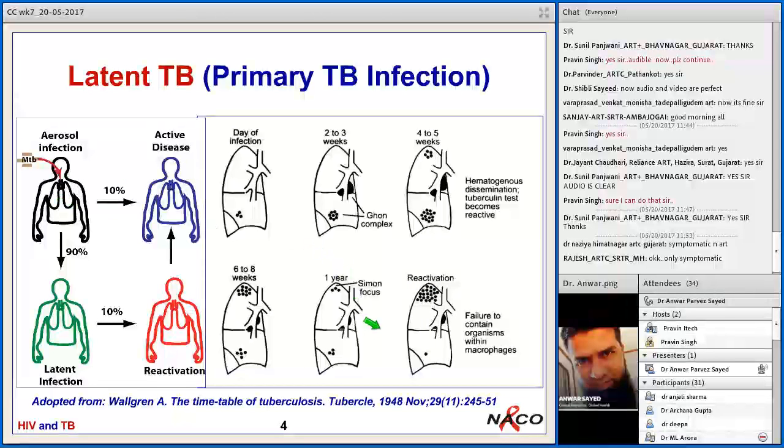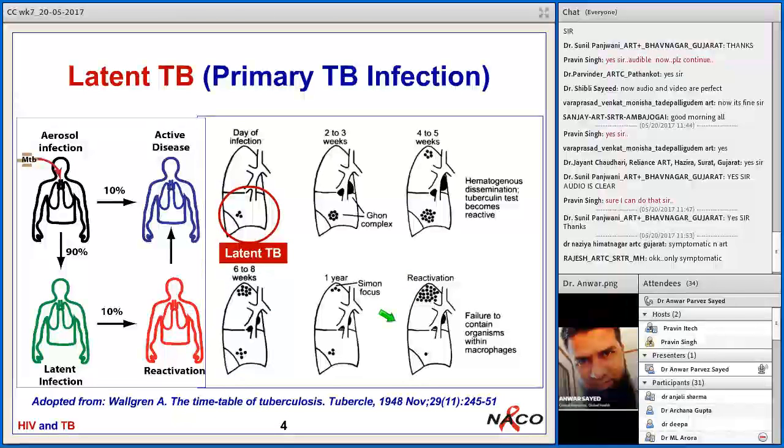People have tried to differentiate these two with the help of DNA mapping, which we'll see a couple of slides later, in which they saw that the new infection was different from the infection that person had in the previous episode.